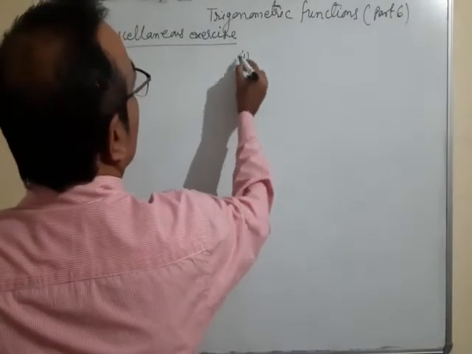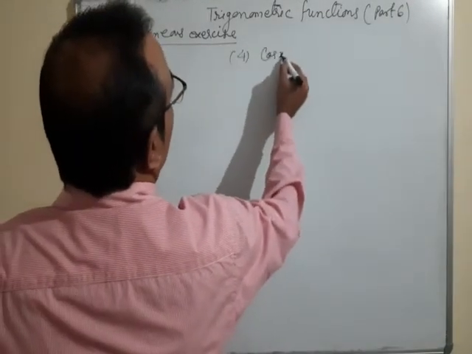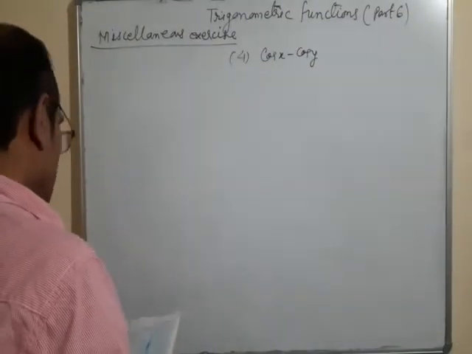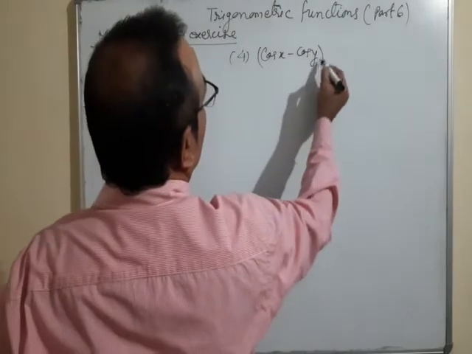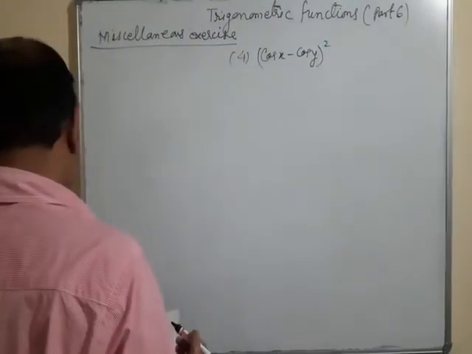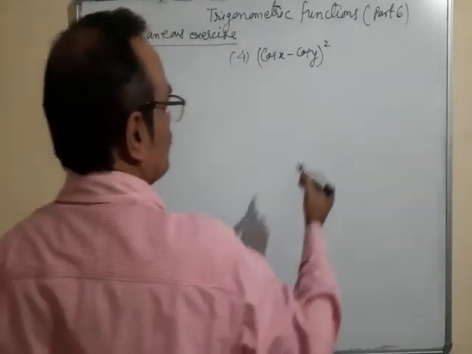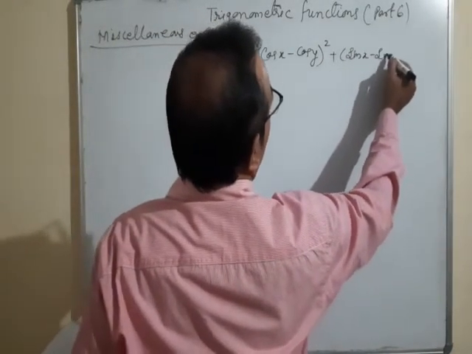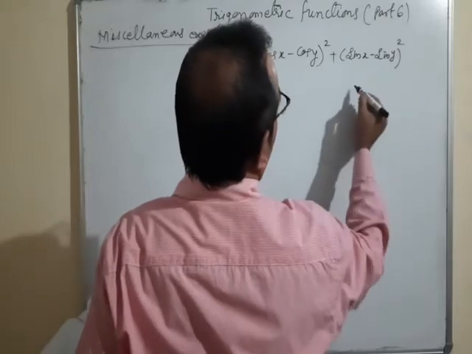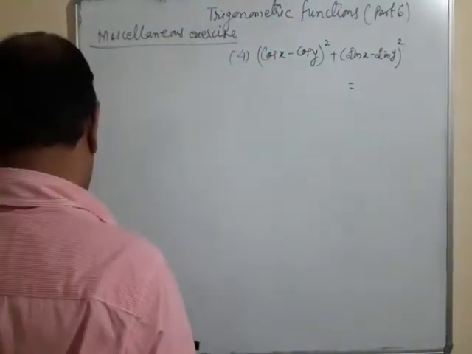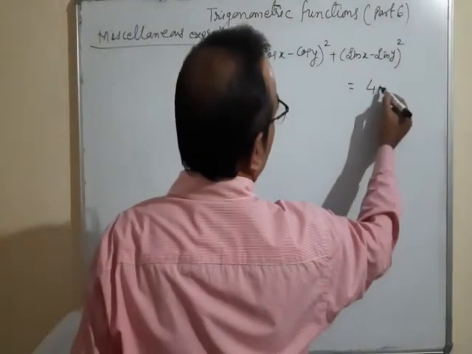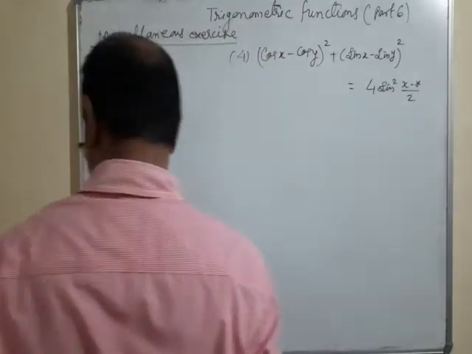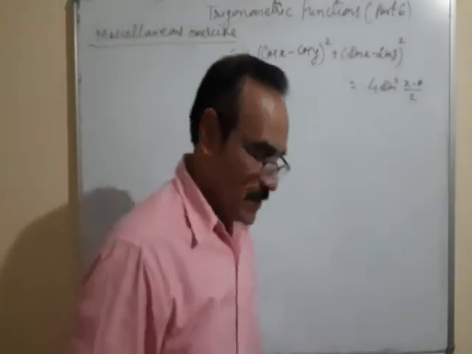Fourth question: (cos x minus cos y) whole square plus (sin x minus sin y) whole square is equal to 4 sin square (x minus y) by 2.